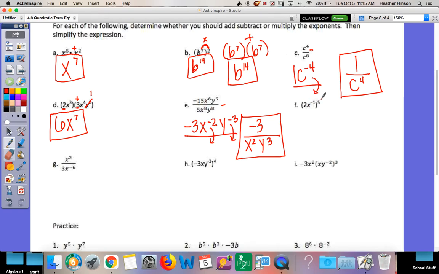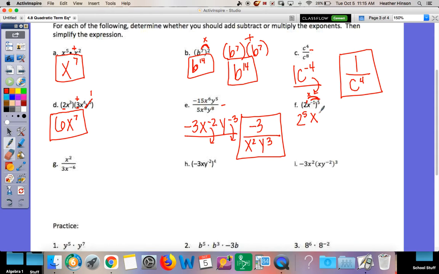Okay, when your exponent is outside the parenthesis, you could write this out 5 times, or you can just distribute it. This 2, it has a 1 exponent, so I'm going to distribute my exponent. So 1 times 5 is 5, and I'll do the same thing on x.